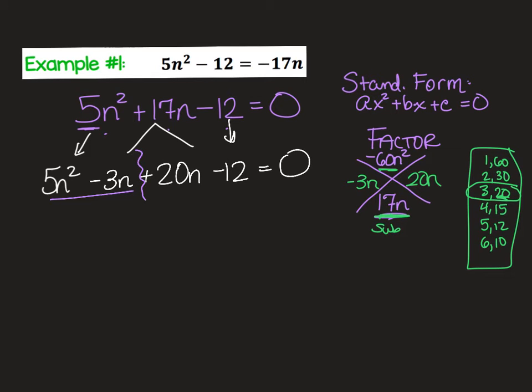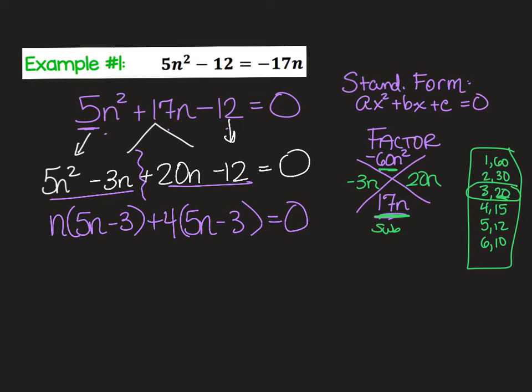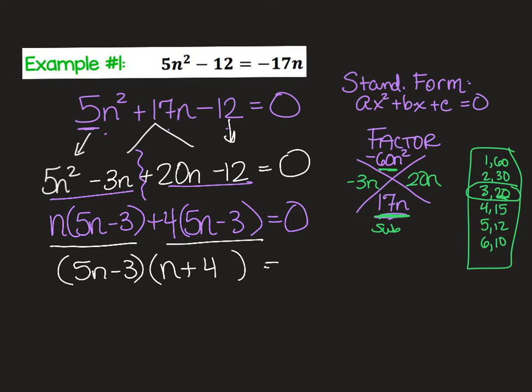So this group has an n in common. This group has a 4 in common. All right, and then we look at the 2 terms we have here, and they both have the common binomial 5n minus 3. And then that would be times the quantity n plus 4.